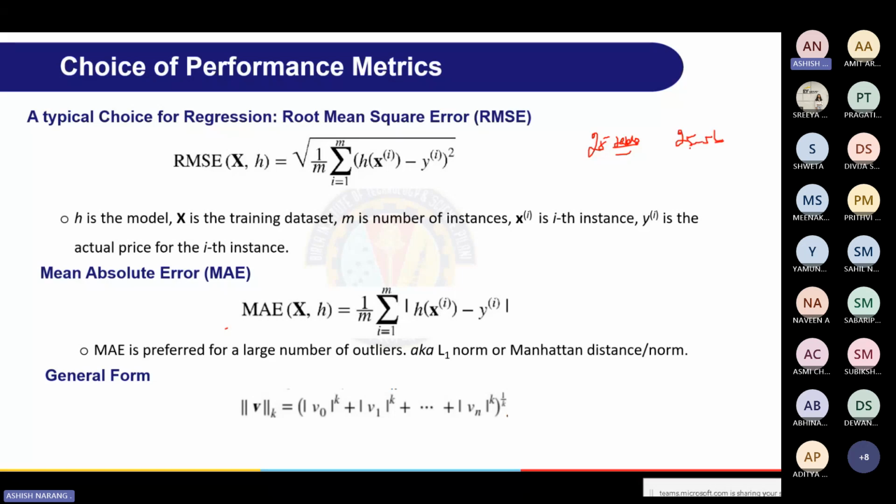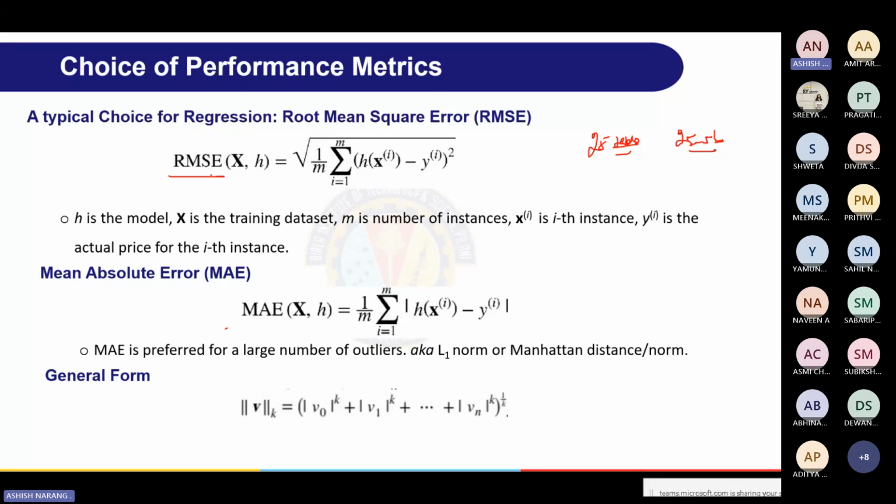So there is some difference between the actual and the prediction. What RMSE, root mean square error, finds is the difference between the predicted value and the actual value for all the observations, and then we square it and divide by m. This gives me RMSE.